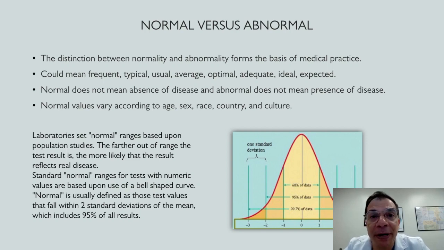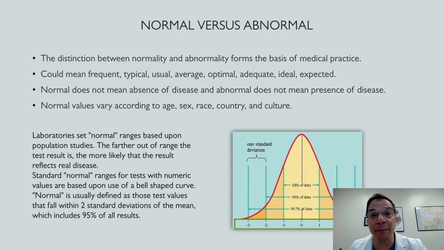Okay, we are simply comparing the findings on a patient with the findings in the average population of their age, ethnicity, race, origin. Okay, this term normal is something that is based on statistical data. If you have studied statistics, you know what the bell curve is, the normal curve.